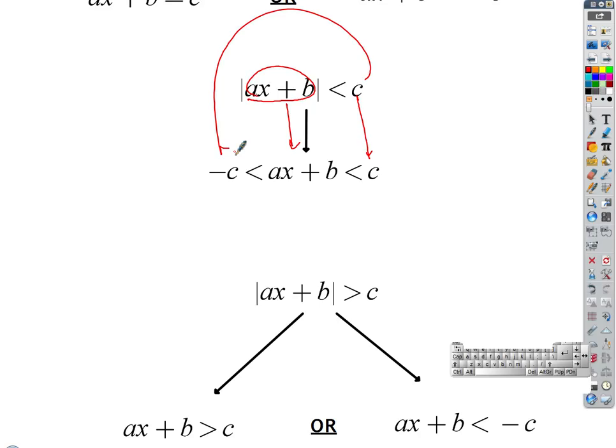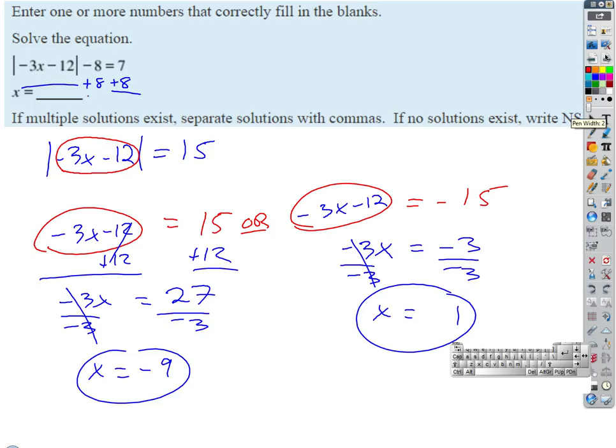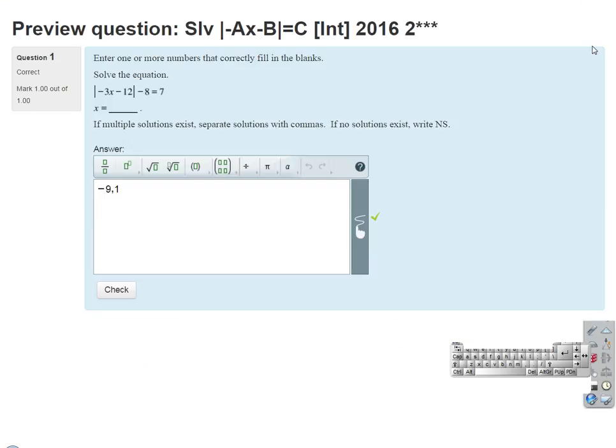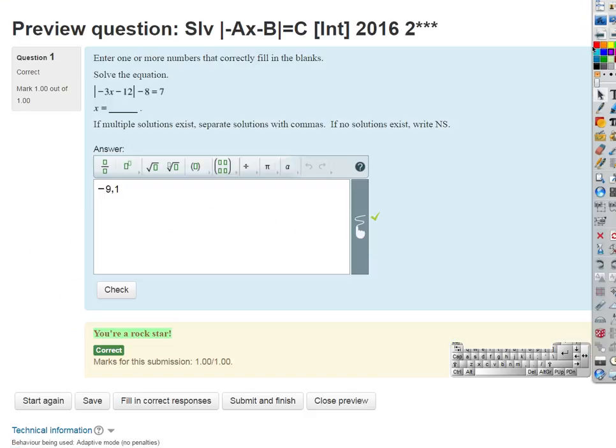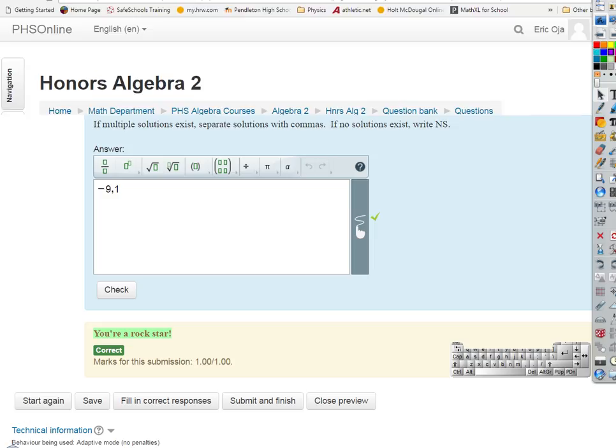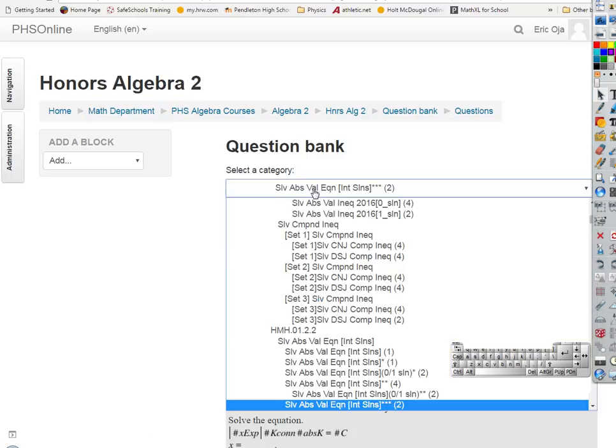And obviously, what if this were an equal sign? How would I change it? Then I would put equal signs there and there, right? If it was greater than or equal to, less than. Okay, so let's look at an example like that. So let's try.